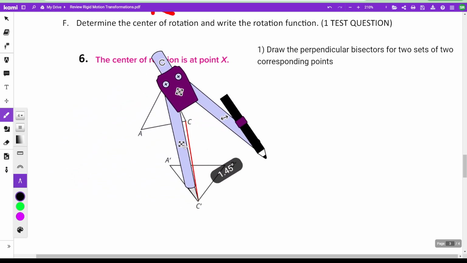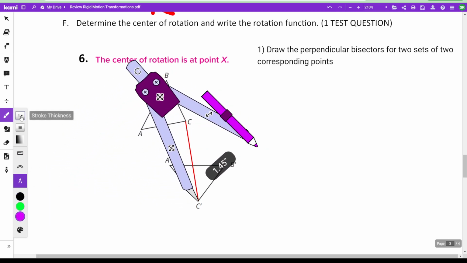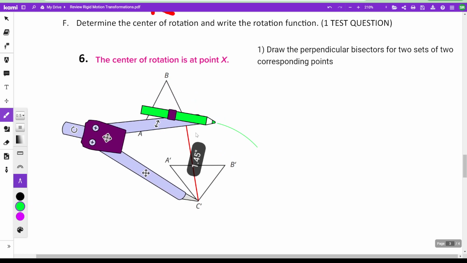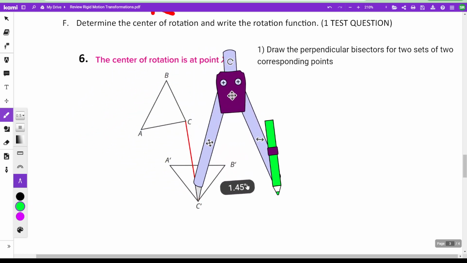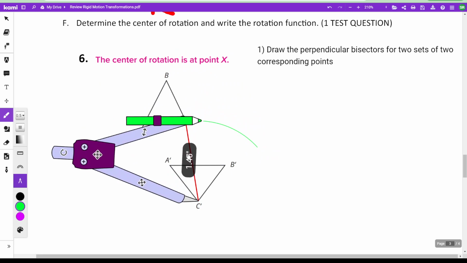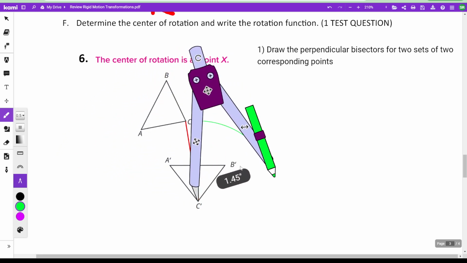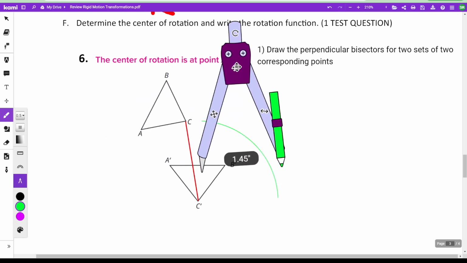I'm going to go about right there, and make my lines based off of that. I'll make them in green. Here I'm drawing my arc, and that might not be very long, so I'll put it there.